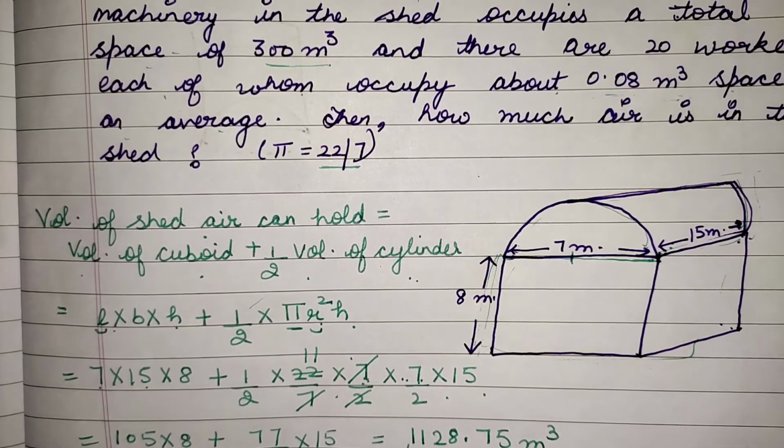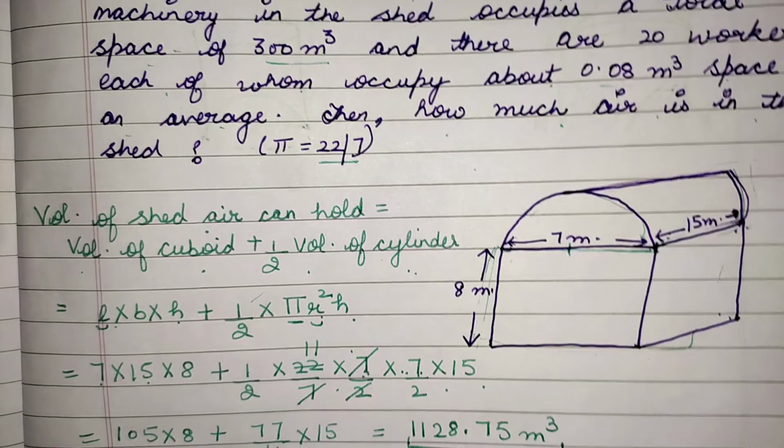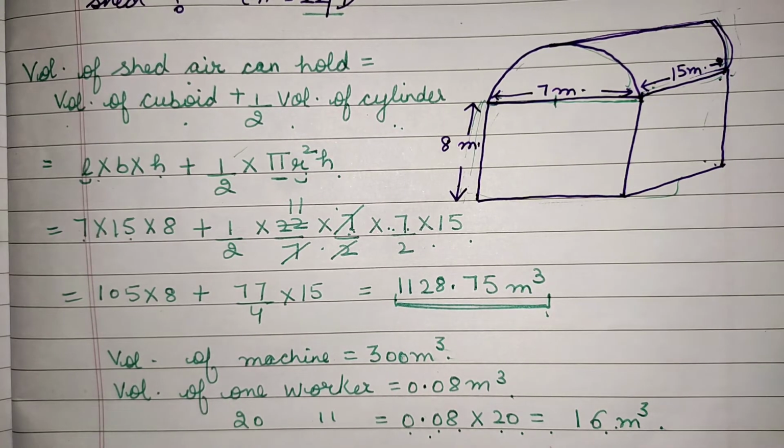Now they are asking, how much air is in the shed? Earlier there was nothing, it was completely empty, so the total volume of the shed was equal to the volume of air. But now some other things are added into the shed. Once those things are in the shed, part of the air will be removed. How much air will be removed?